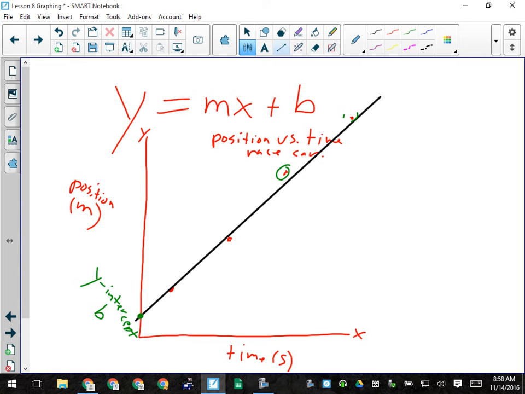So what I need is a y value or an x value that is on my line. Let's say I'm dealing with this point right here. It would have a y value and it would have an x value.